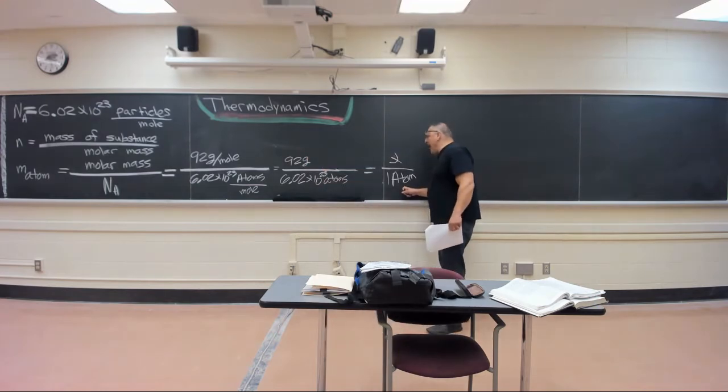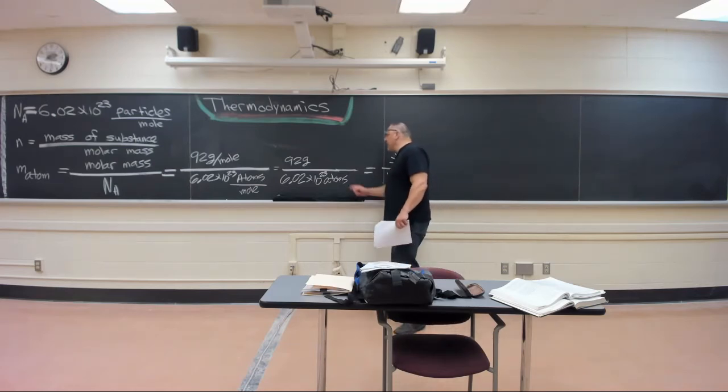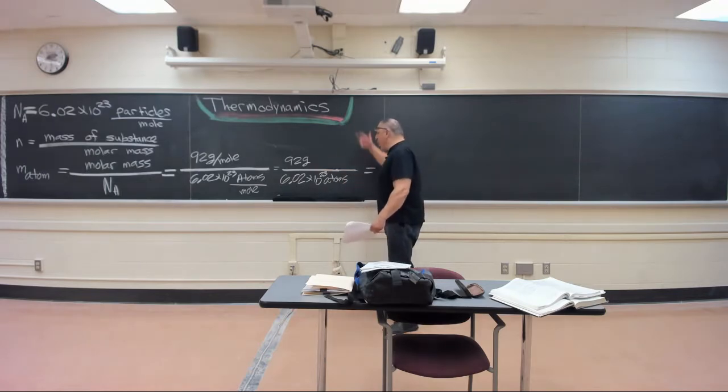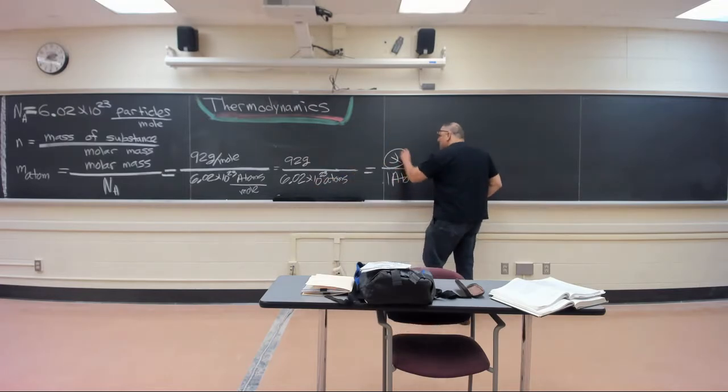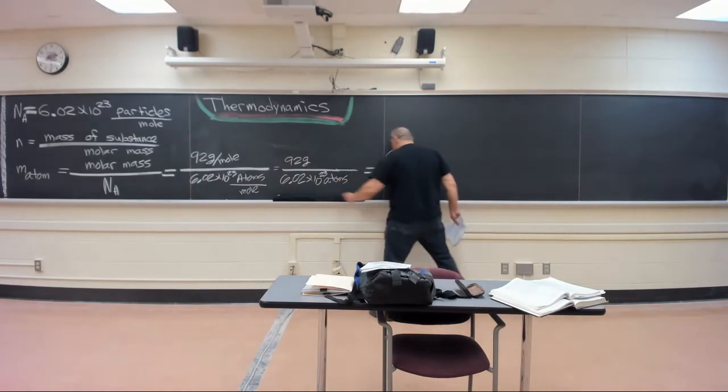If I had 1 atom, which is 1 over 6.02 times 10 to the 23rd atoms as many, it'll be 1 over 6.02 times 10 to the 23rd atoms times this. Wait a minute. 1 over this times that is just this divided by that. So you're going to get it that way anyway. Long story short, take this divided by that.